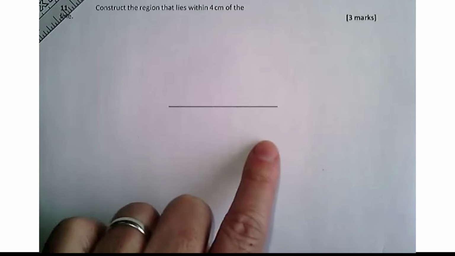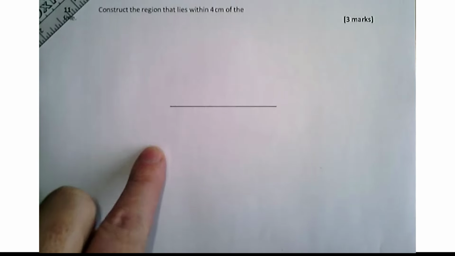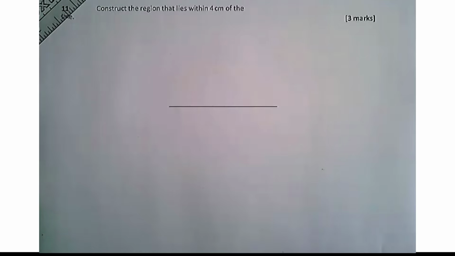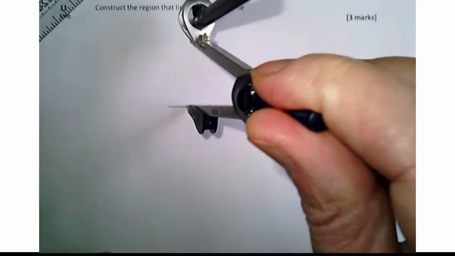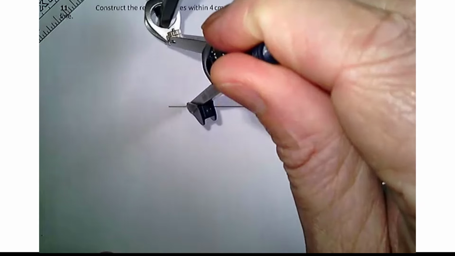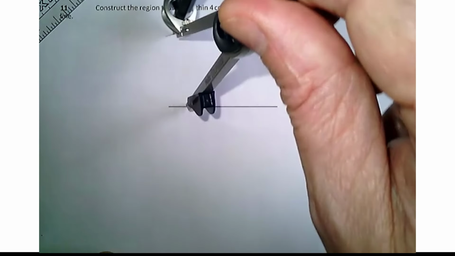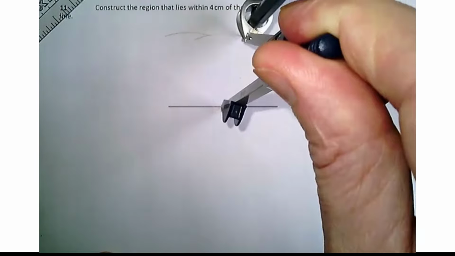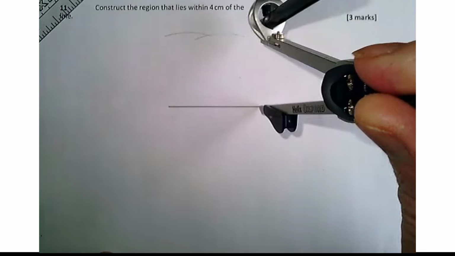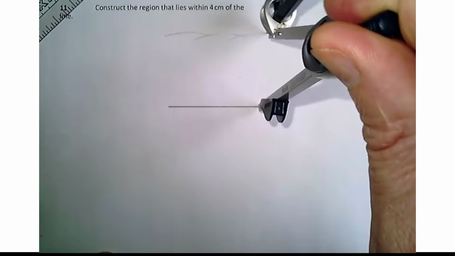Right, now I need to construct 2 parallel lines either side of our initial line, and then 2 semicircles at either end. Now to do the parallel lines, I'm going to pick several points along the line and draw some little arcs like this. Kind of a series of them running the length of the line. So I think 3 places should be enough.